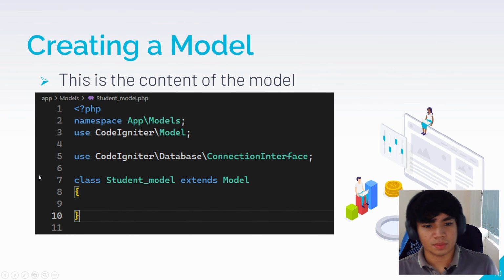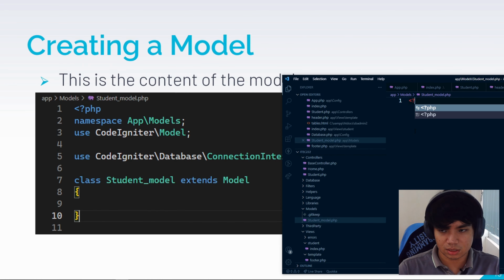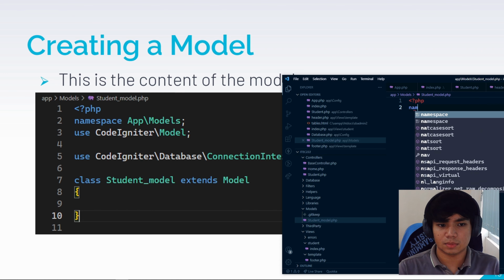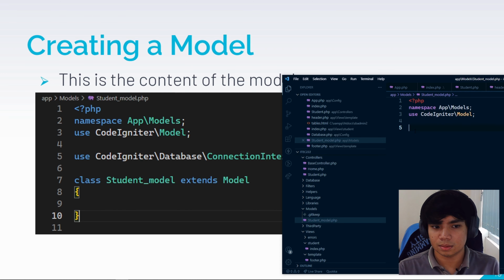Next. So this should be the content of the model. Copy that. App models, use CodeIgniter model.